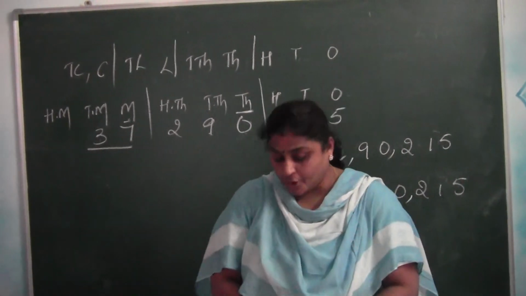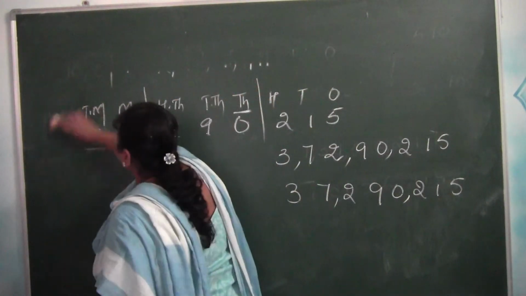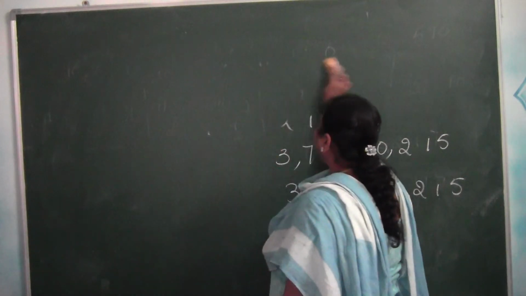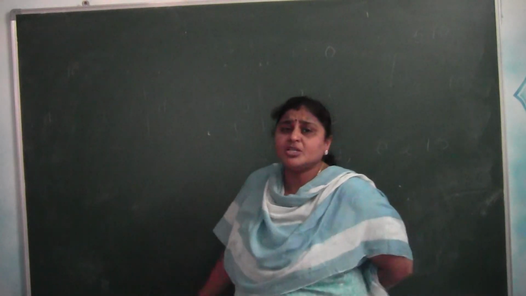And coming to your Roman numerals. Roman numerals you have already learned in grade 3. Very simple, is it? And you have to follow a few rules while writing Roman numerals. So what are the numbers you have to remember?